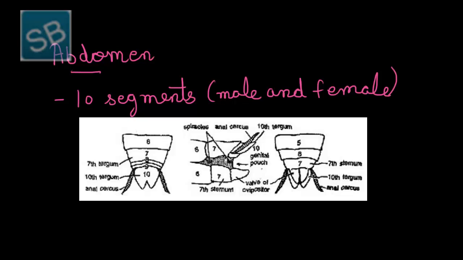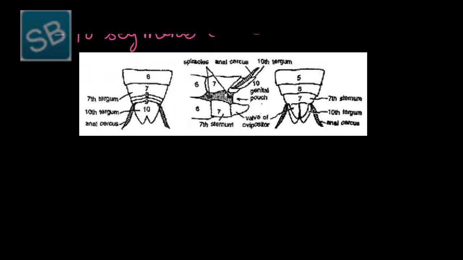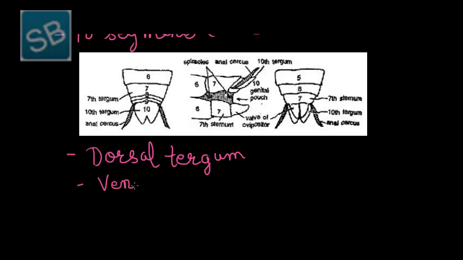As it can be seen from the figure, the abdomen of cockroach consists basically of a dorsal tergum, a ventral sternum and a lateral pleurae.